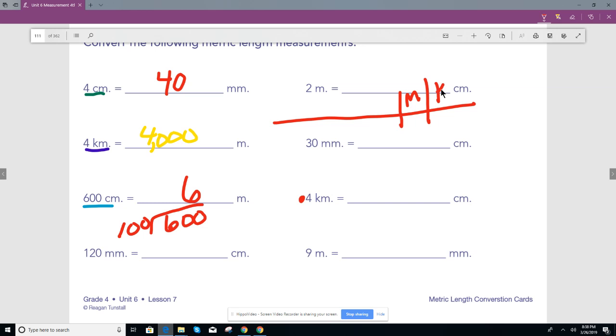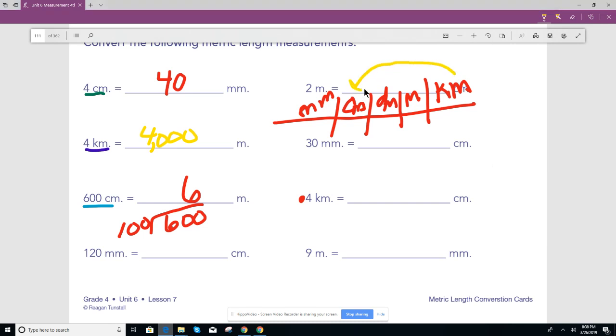Here's a kilometer. Here's a decimeter. Here's a centimeter. And here is a millimeter. All right. We're going from way, way, way over here to way, way, way over here. Are you with me? Well, see, here's the tricky part.